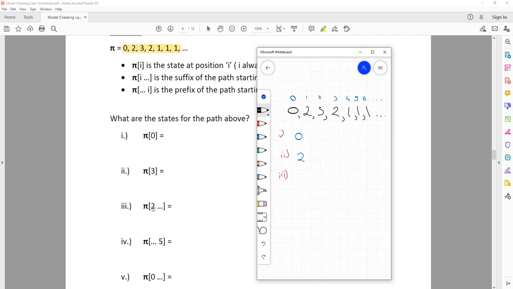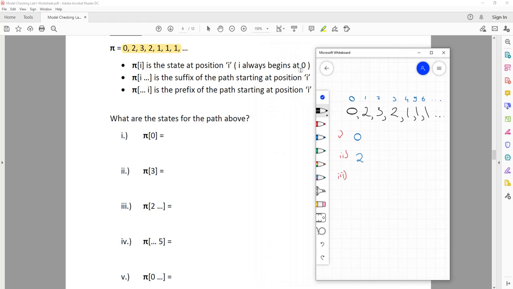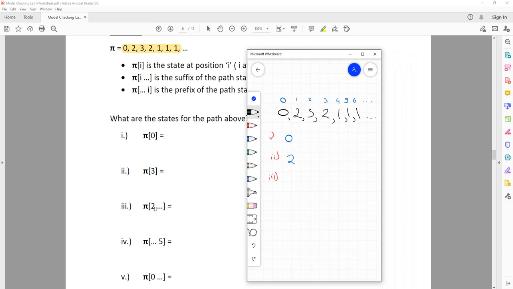Pi 2 dot dot dot. So this means it's a suffix of the path starting at position i. So i is 2: 0, 1, 2, so 3. And we want the suffix.